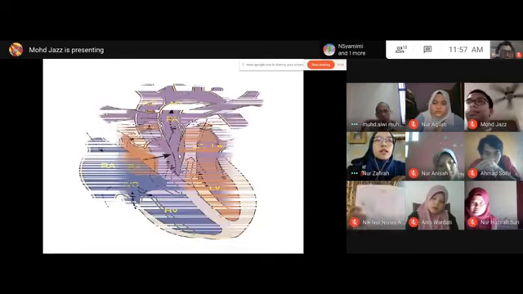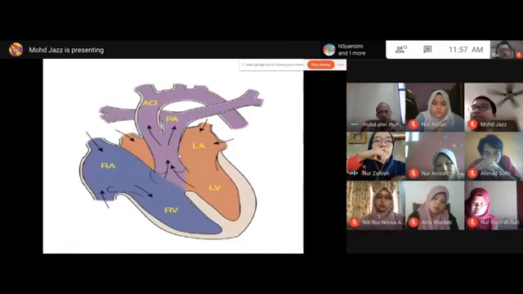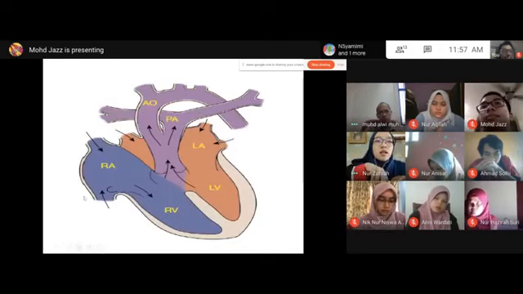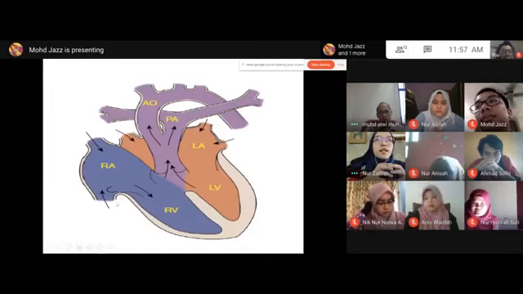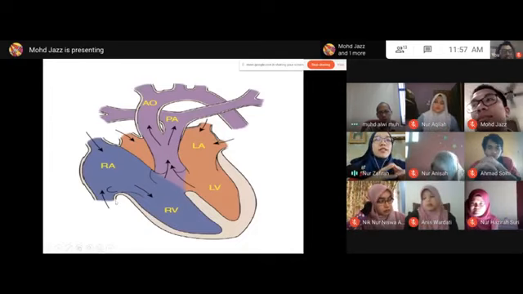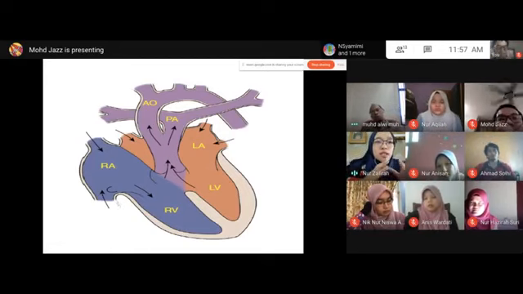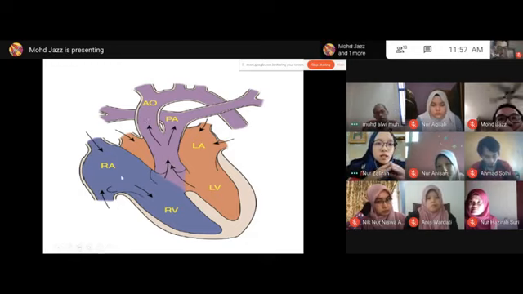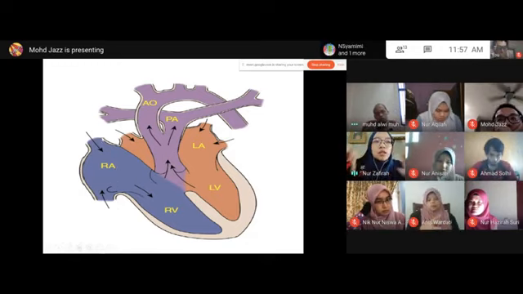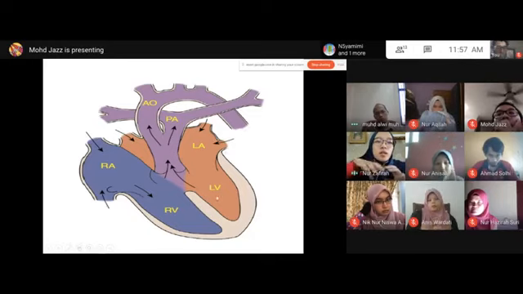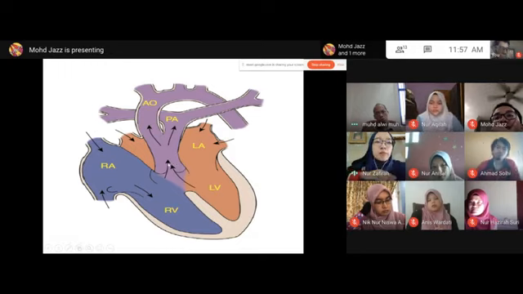And then the next one is truncus arteriosus. So what is truncus arteriosus? It is a combination between the aorta and pulmonary artery. From this picture, you can see the blood from both the left ventricle and right ventricle goes into one single trunk, and that trunk will be divided into aorta and pulmonary artery.